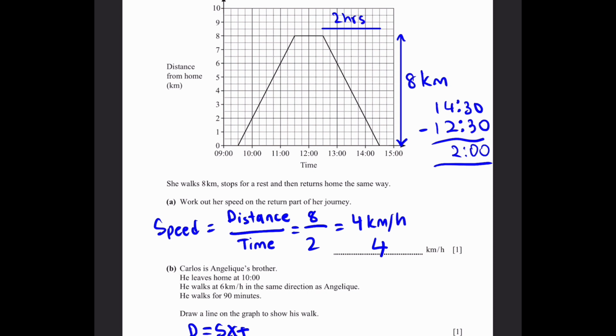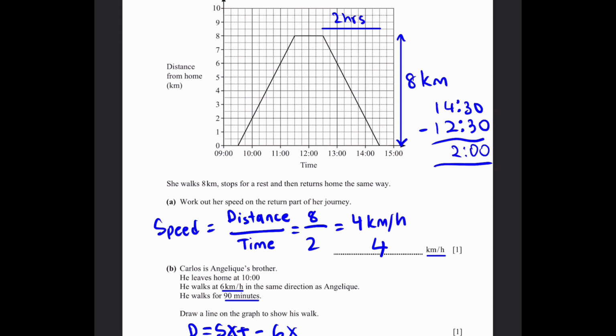Because of inverse operations, when you bring the time to the other side, it will become multiplied instead of divided. So D equals S multiplied by T, which is equal to 6 kilometers per hour over here, multiplied by, remember here, even though it's given 90 minutes in the question, the units is kilometers per hour.